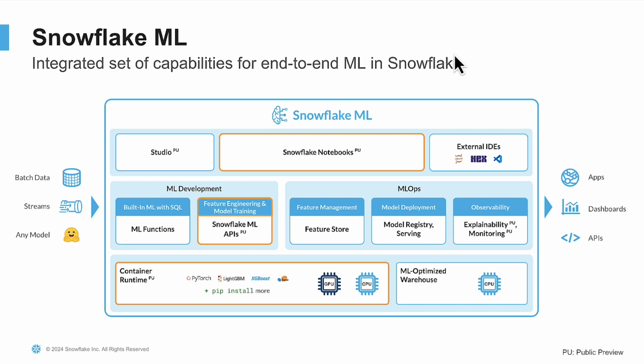Here we've got access to open source, which you can see in the container runtime box right over here, with popular open source packages including PyTorch, LightGBM, XGBoost, and many more. These form the open source foundation for you to build your ML.